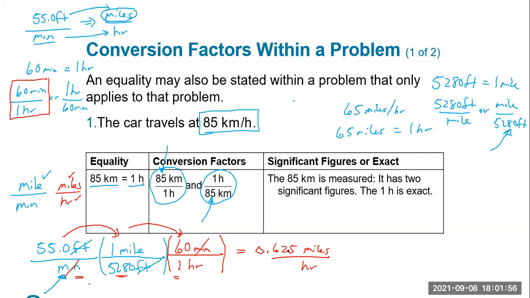And you can see here, by doing these problems in dimensional analysis, you can really keep track of where the units are, because it is very common when people do these type of problems that they will do what I sometimes refer to as the stacking method, where they write something like, okay, I'm taking 55 feet per minute. I'm dividing it by 5280 feet per mile.